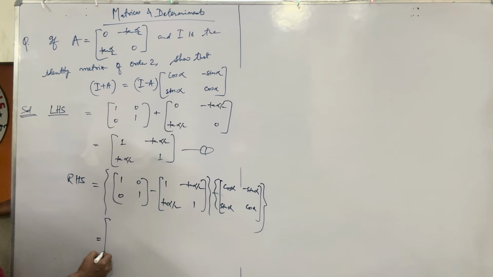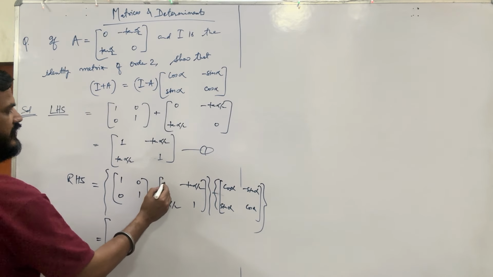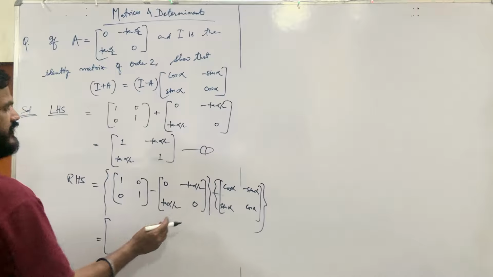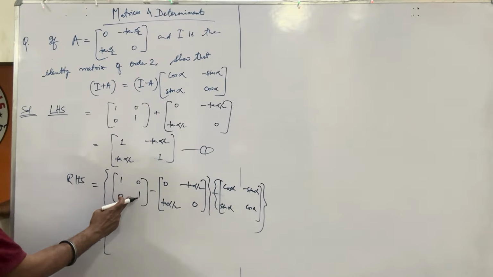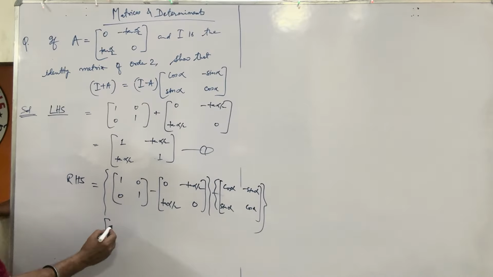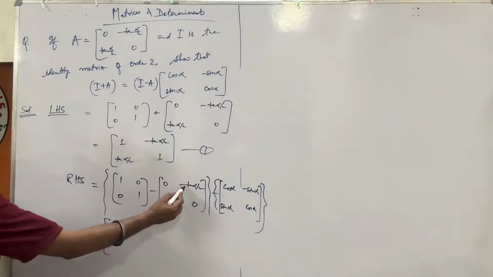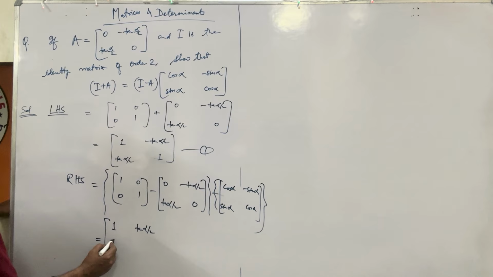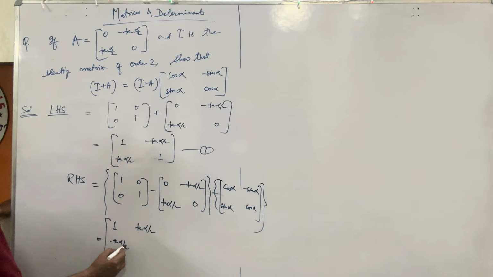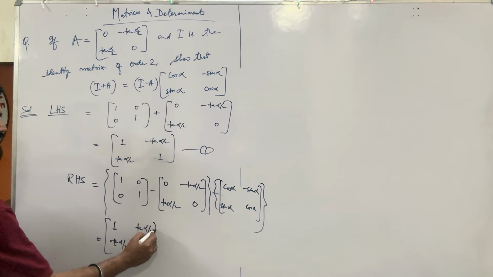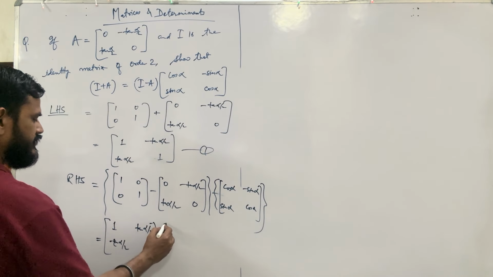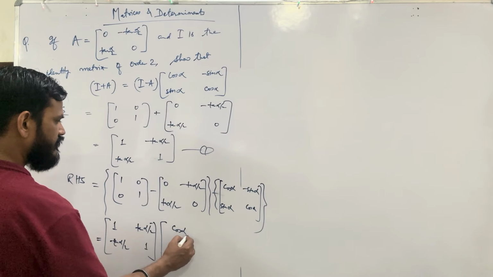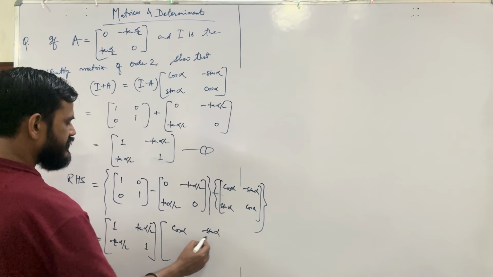So this gives us I minus A, so it will be 1, minus minus will become plus, so it will be tan alpha by 2, minus tan alpha by 2, and then 1. It will get multiplied to cos alpha, minus sin alpha, sin alpha and cos alpha.